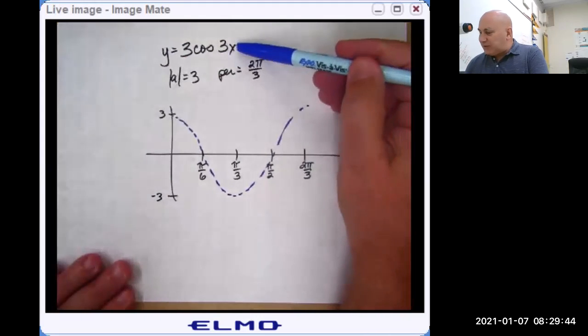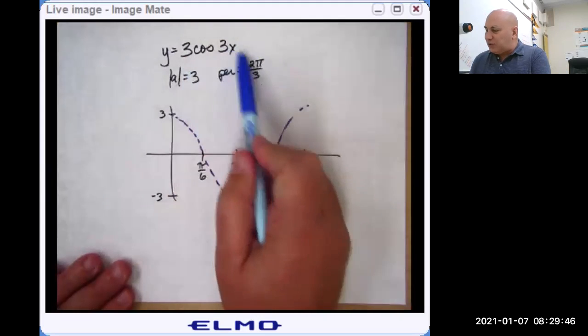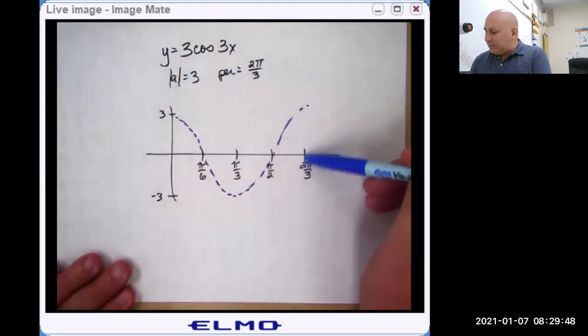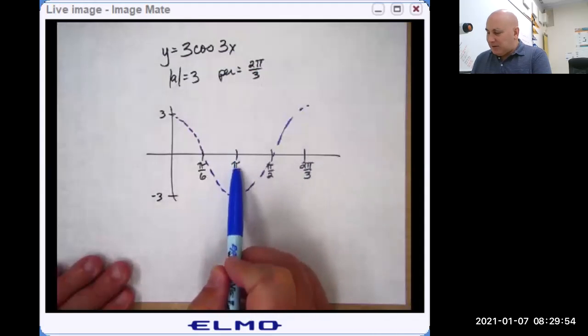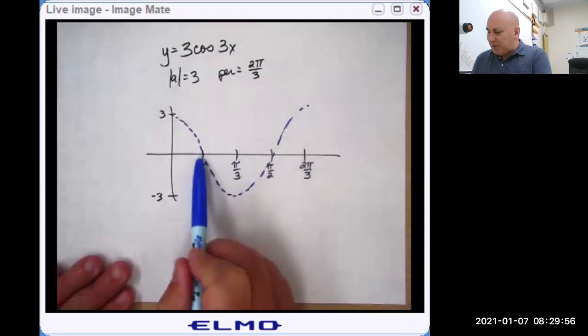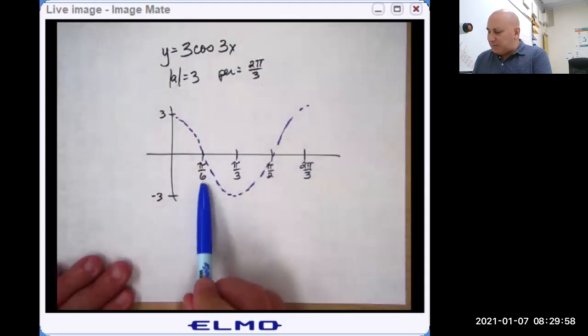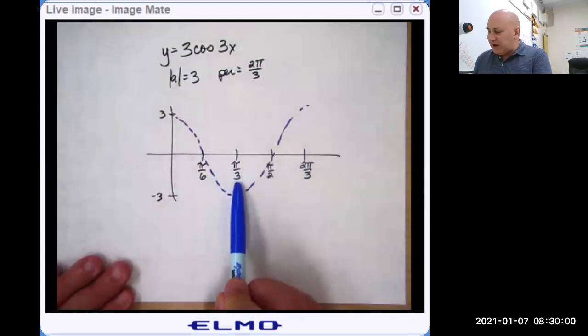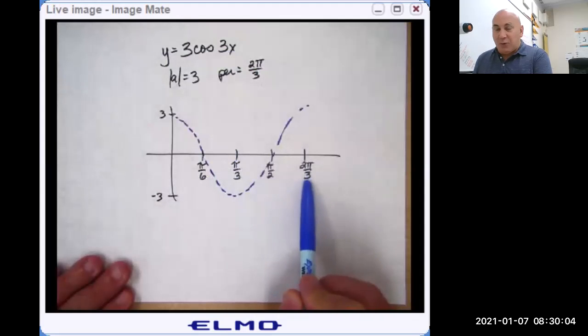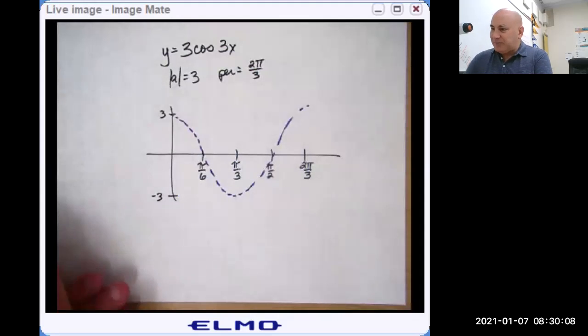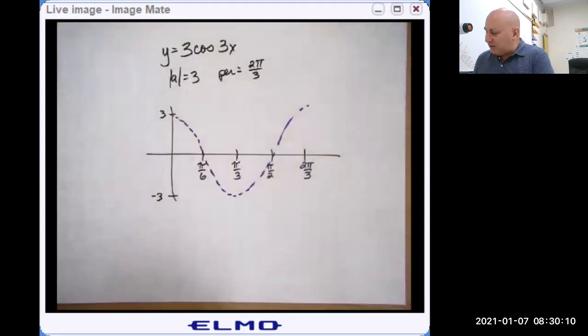Three times the cosine of 3x, the period is 2 pi over 3, so I make a period of 2 pi over 3. Cut it in 2, I get pi over 3. Cut that in 2, I get pi over 6. So here's 1 pi over 6, 2 pi over 6, 3 pi over 6, 4 pi over 6. So I've now divvied up the x-axis.